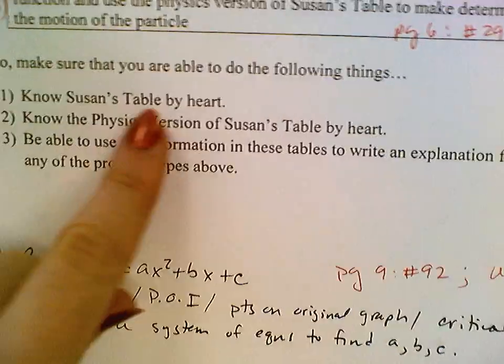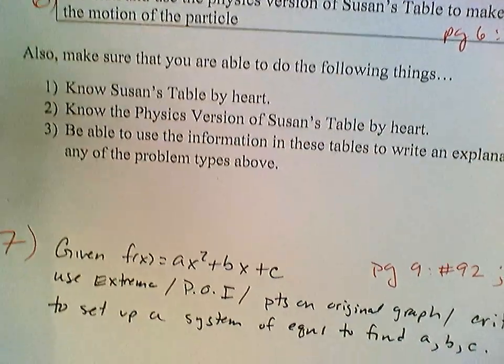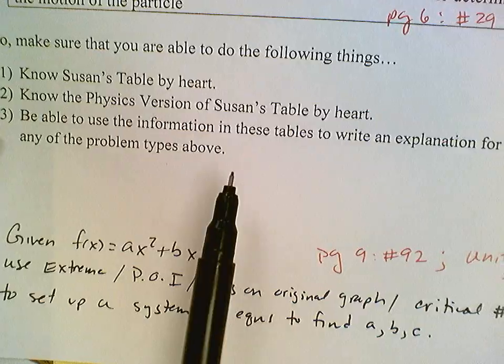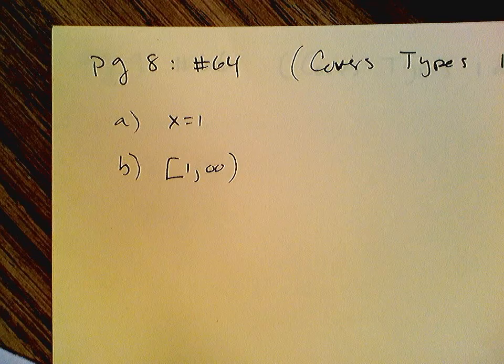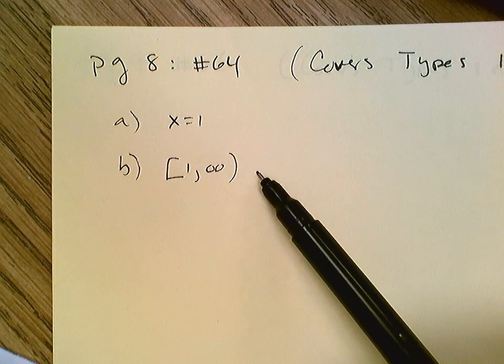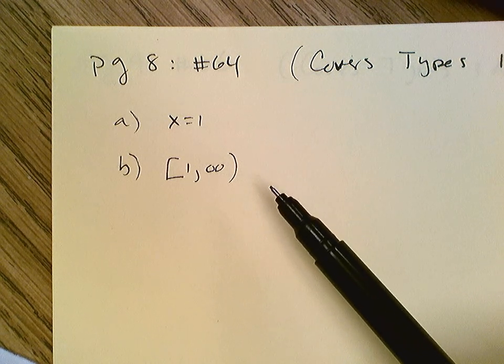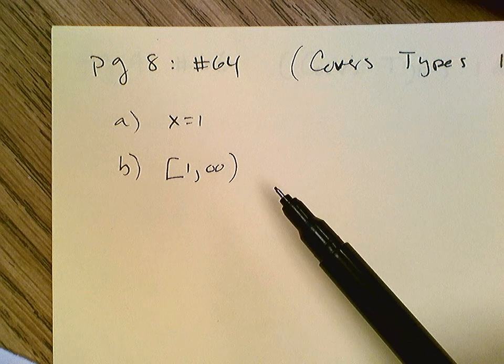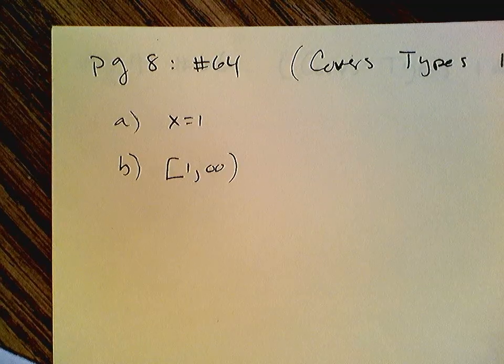Okay, so there's that. Oh, and also, make sure that you are able to do the following things: know Susan's table by heart and the physics version, and be able to use the information in these tables to write an explanation for your answers. So if they said, like, explain this, I would say, since f prime is positive on this interval, we know f is increasing, or something like that.